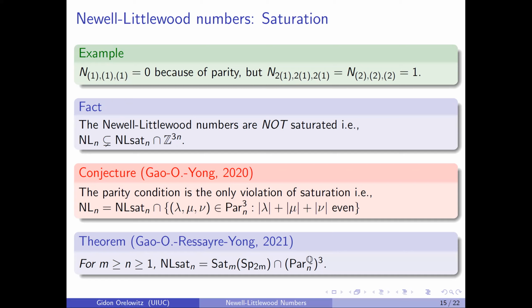However, myself and my co-authors, Shelaine Gower and Alexandra Yong, have conjectured that this parity argument is the reason why saturation fails, and in fact, it's the only reason that it fails. So if instead of just looking at the integer points in your saturated semigroup, you looked at the integer points whose total size is even, then you would recover the original saturation statement. Using a computer, we've been able to conclusively prove this statement for n less than or equal to 5.